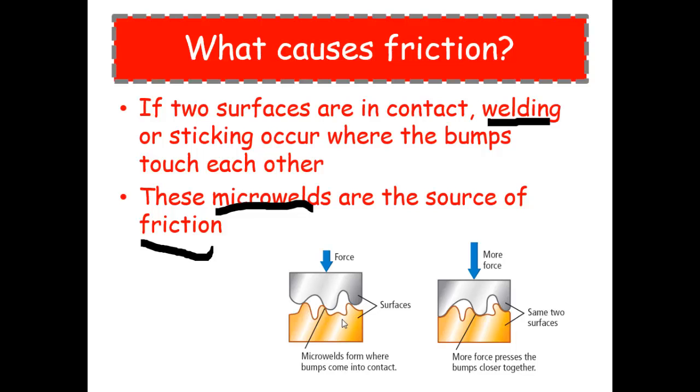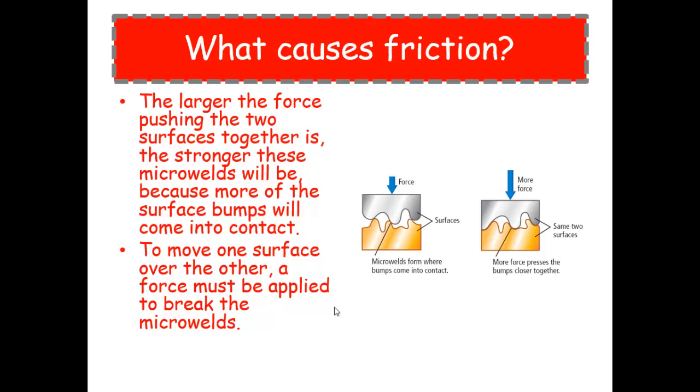So, if you think about it, surfaces that are more bumpy are going to have more friction, and surfaces that are pushed harder together, so that's kind of the points we're making here. Surfaces that have more micro welds, meaning more bumpy, are going to have more friction, and surfaces that have more force between them.